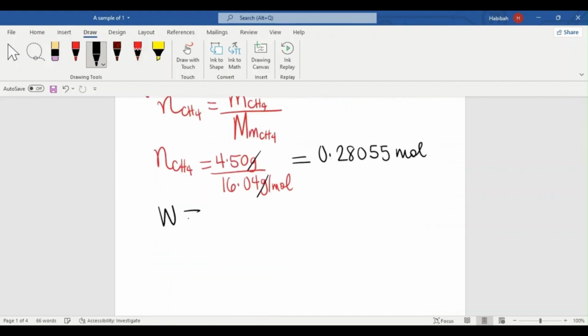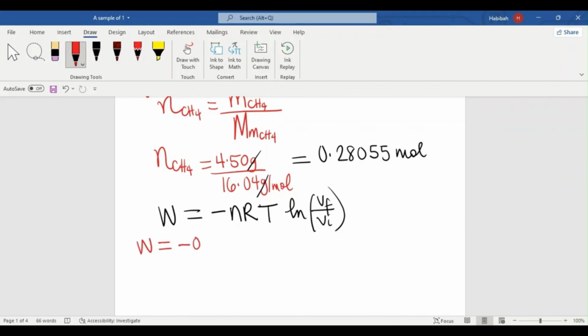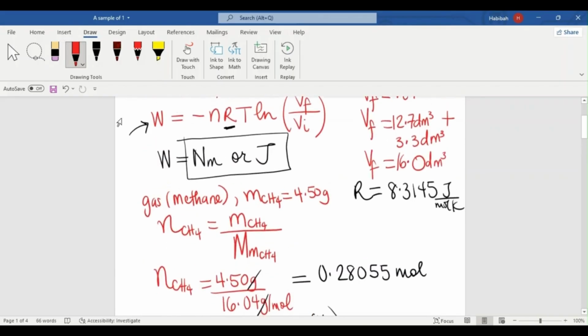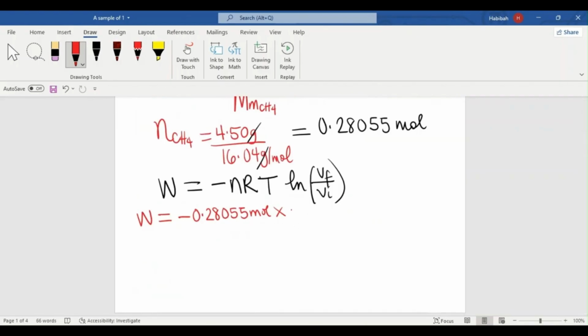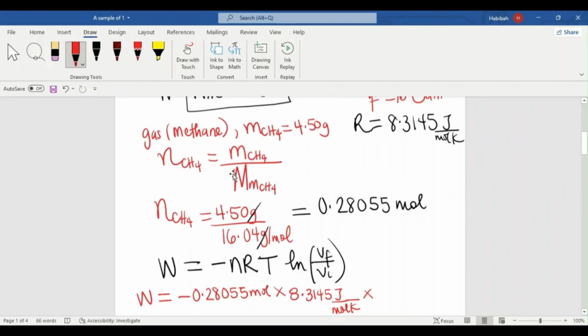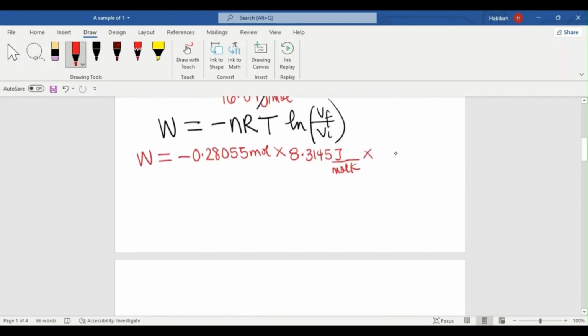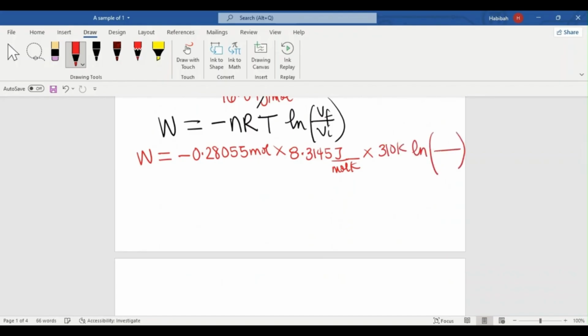So we have work done, let's not forget, equals negative nRT ln V final divided by V initial. So we're just going to substitute the information. We have work done now equals negative 0.28055, the number of moles, times R, which we'll go back to see is 8.3145 joules per mole Kelvin, times the temperature, which is 310 Kelvin, times ln V final divided by V initial.